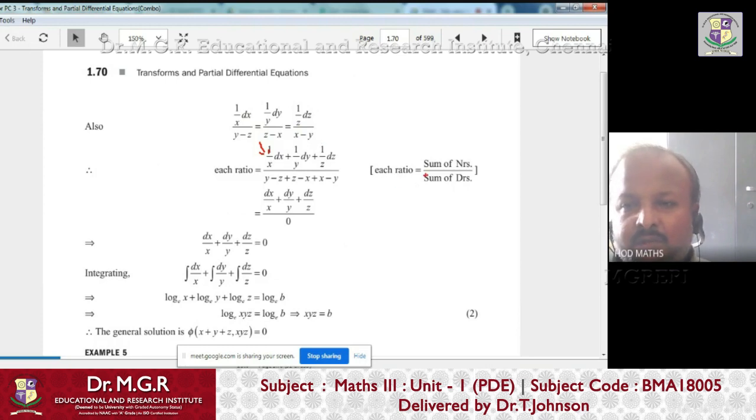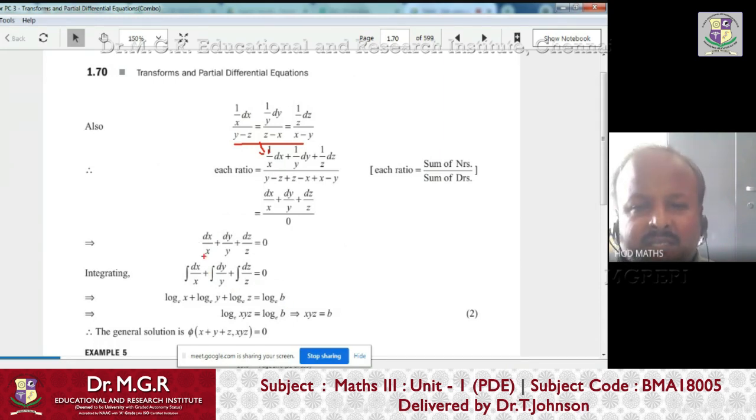It was a printing mistake, sorry. So each ratio equals sum of numerators over sum of denominators. The sum of the denominators becomes 0, and the numerator is dx by x plus dy by y plus dz by z. So the ratios being 0 means the total differential is equal to 0. That means it is equivalent to some constant.